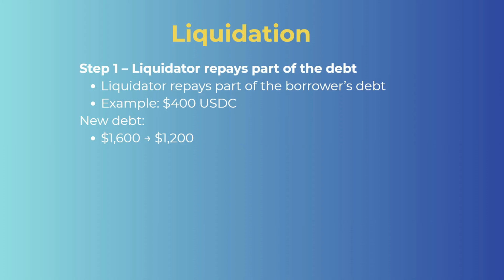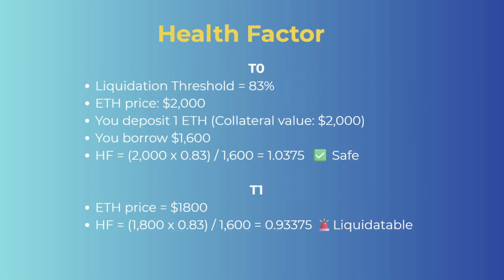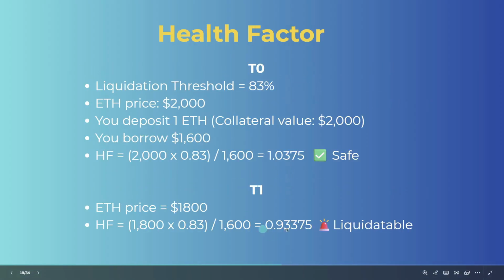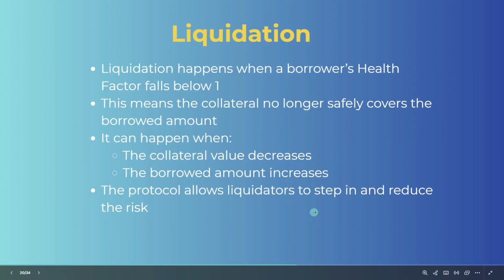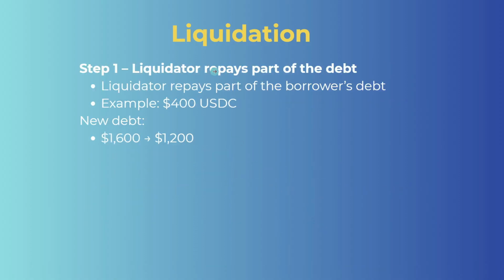So let's see step by step what happens. Since we are in this situation, where our health factor is lower than 1, a liquidator can repay part of our debt. So let's say that a liquidator wants to pay part of the borrower's debt, for example, 500 USDC.